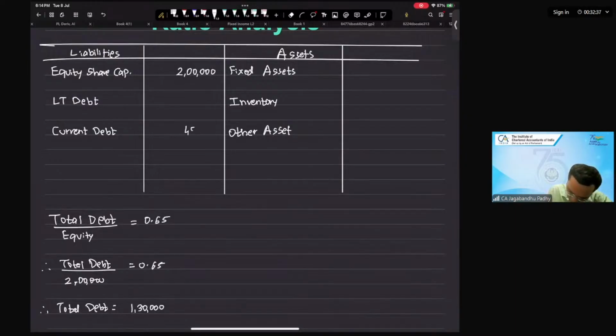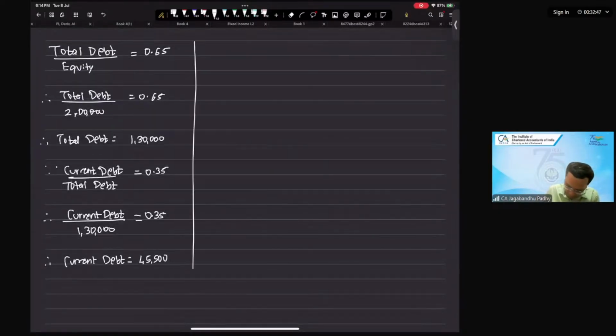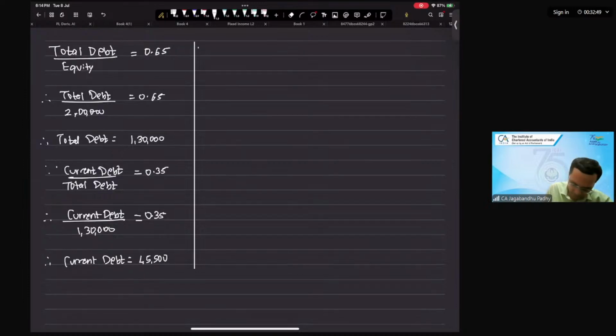We can write this as 45,500. And then we can say long-term debt will be total debt minus current debt.